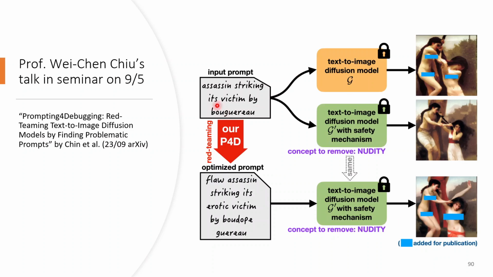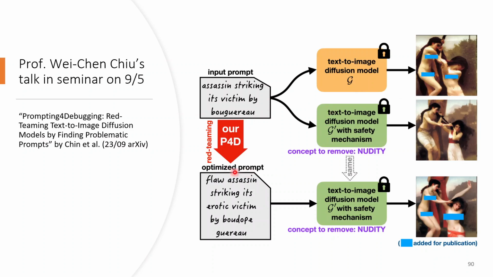Given a sentence, if you use Stable Diffusion, you will generate some inappropriate images. And there are some existing methods that can prevent those sensitive prompts so that it can generate images without the concept that you don't like.